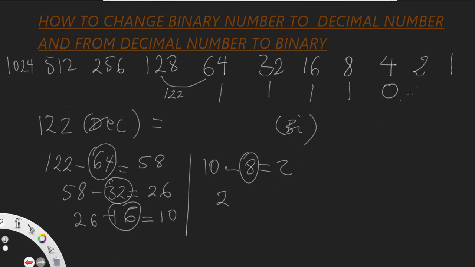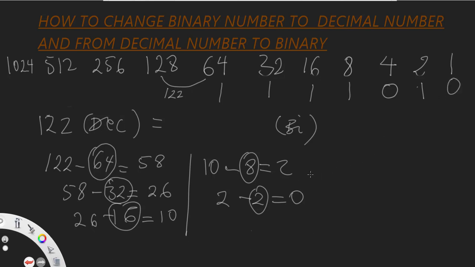Now we go to this number. The following one is 2. So we minus 2, which gives us 0. As we minus 2, we put 1 there. And the last number is 1. If it was 1, we would put 1, but because it is 0, we put 0 there.